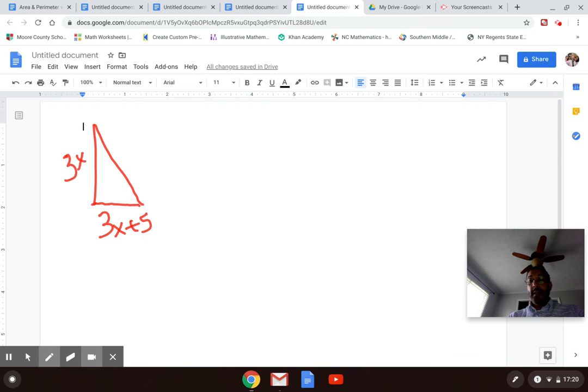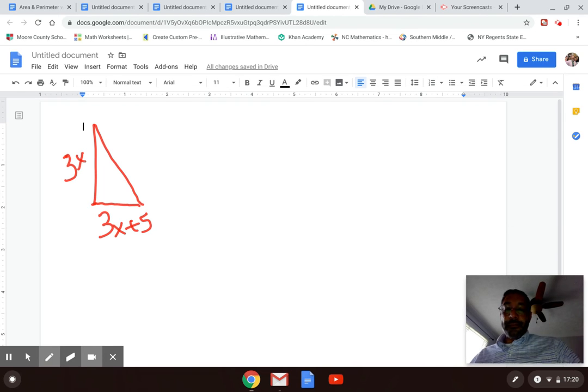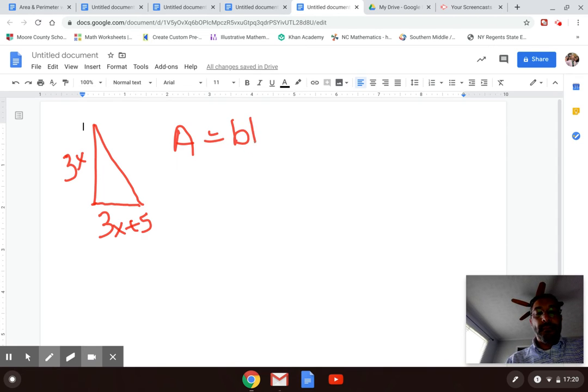Okay, so I know that for a triangle, it's going to be base times height divided by 2.